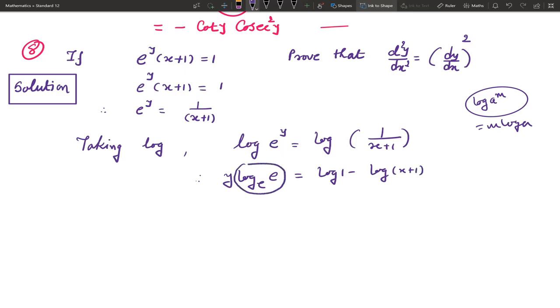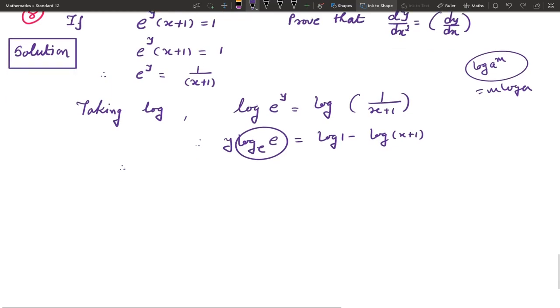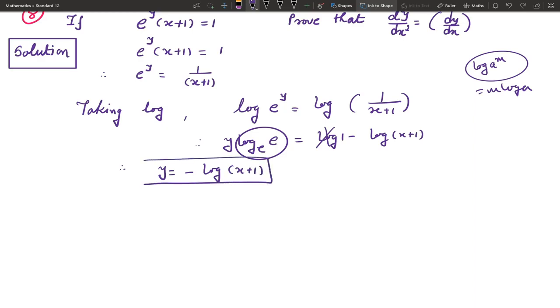This is 1, therefore y equals log 1, which is 0, minus log (x plus 1). So up to this there is no derivative. Only by taking log we get an expression for y.